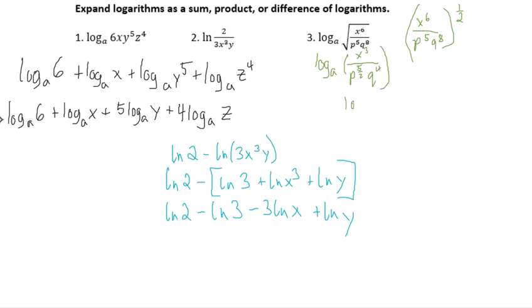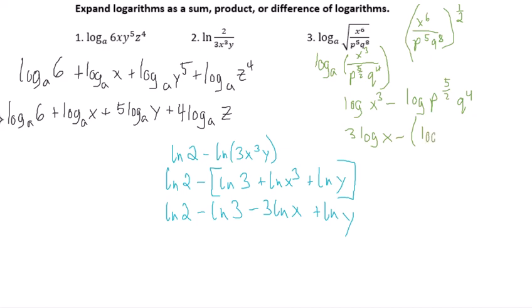So then we have log x to the 3rd minus log p to the 5 over 2 q to the 4. So then we can kick that 3 out. So that's 3 log x. And we're going to separate these.